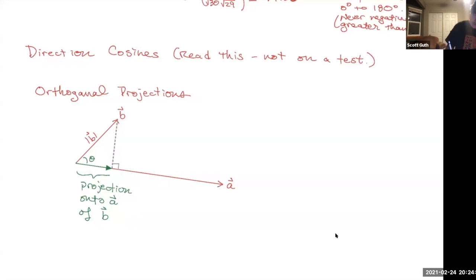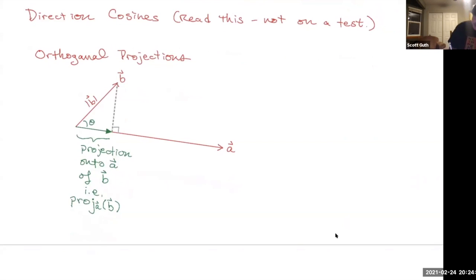So this is proj onto A of B. I hate this notation, and I'm so sorry. Isn't that lovely? So that's the notation for a projection.